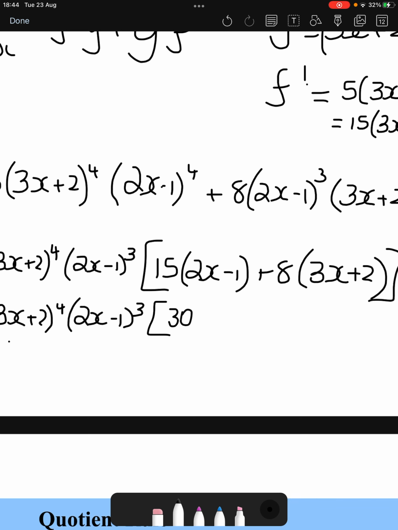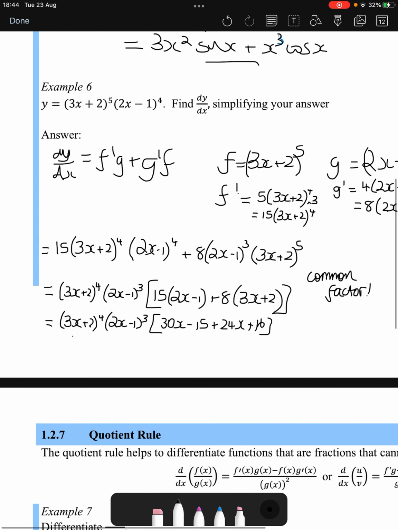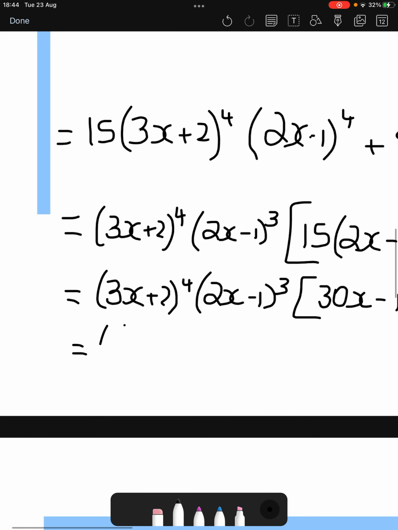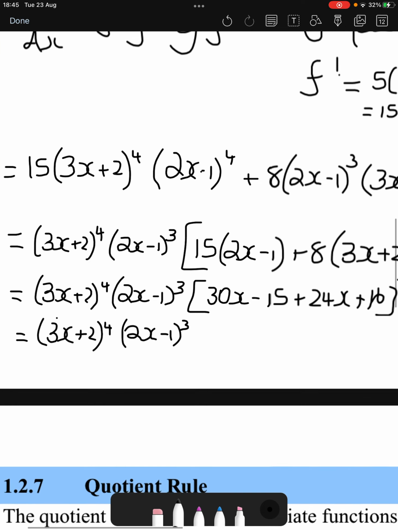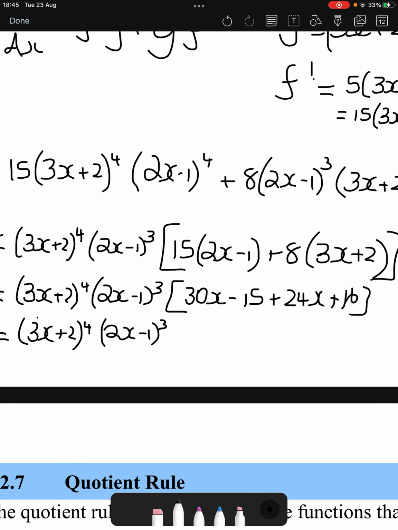So 30x minus 15 plus 24x plus 16. And then we can tidy that. I'm only doing this because the question specifies, and when you look at past papers, you'll see there are certain cases where it will ask you to do it. So tidying this up, what do we get? 54x, and then minus 15 plus 16 will be plus 1.